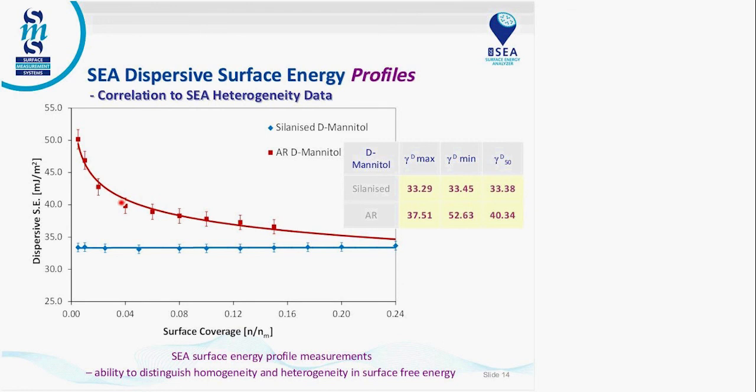So if you measure different samples at the same fractional surface coverage, whether it's by our IGC or a different IGC or different IGCs in different labs, as long as you're at the same fractional surface coverage, that normalizes the data to make sure that you're accessing the same sites. You should get the same answers for a micronized API, whether it's measured in one lab versus another or one system versus another.